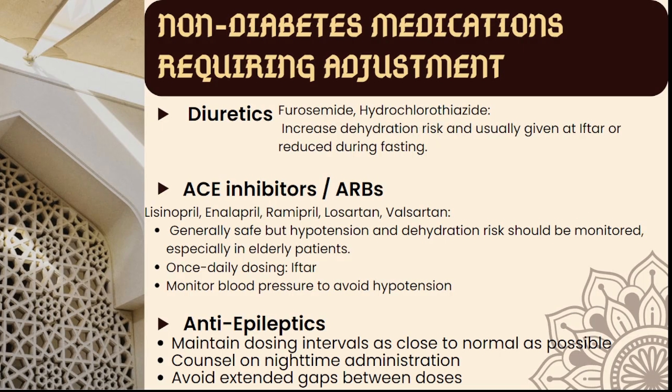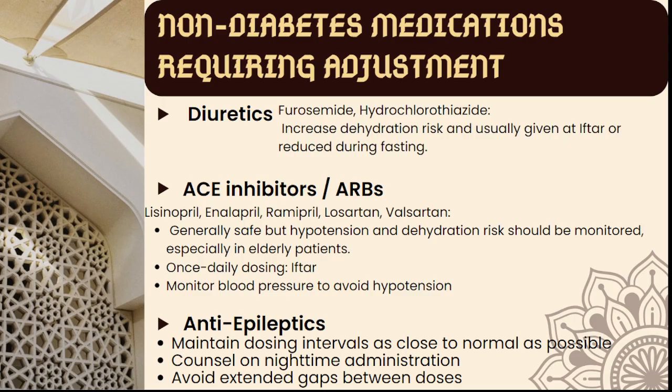Okay, the other non-diabetic medications. Diuretics, either thiazide diuretics or loop diuretics, furosemide, hydrochlorothiazide. These will increase the dehydration risk, and this is one of the high-risk medications, as we said. If the patient is taking two types of diuretics and his condition is stable, I will discuss with the physician to make it one type of diuretic, or if he is taking it BID, to make it OD.